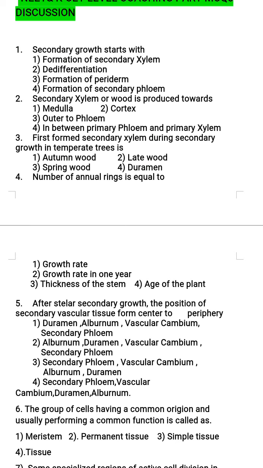The annual rings seen in a cut stem give an estimate of the age of the tree. When woody trees are cut horizontally, the circular rings we notice are called annual rings, growth rings or year rings.